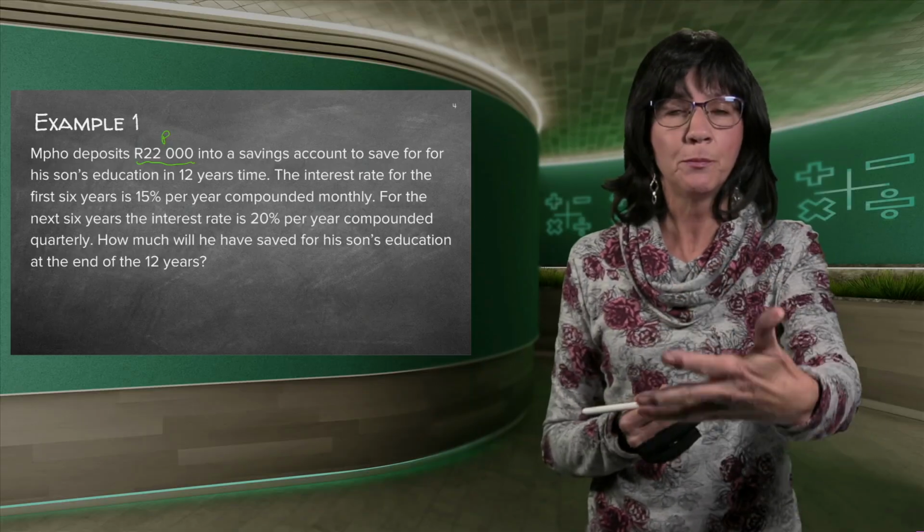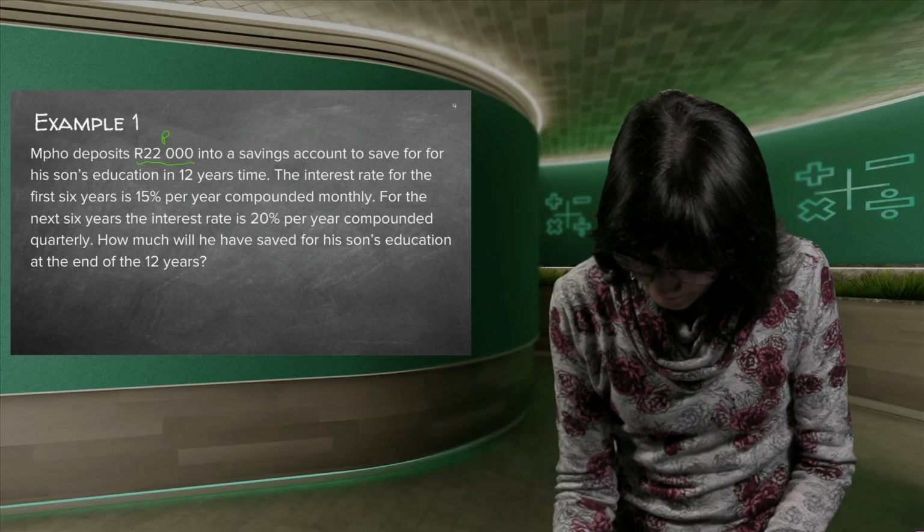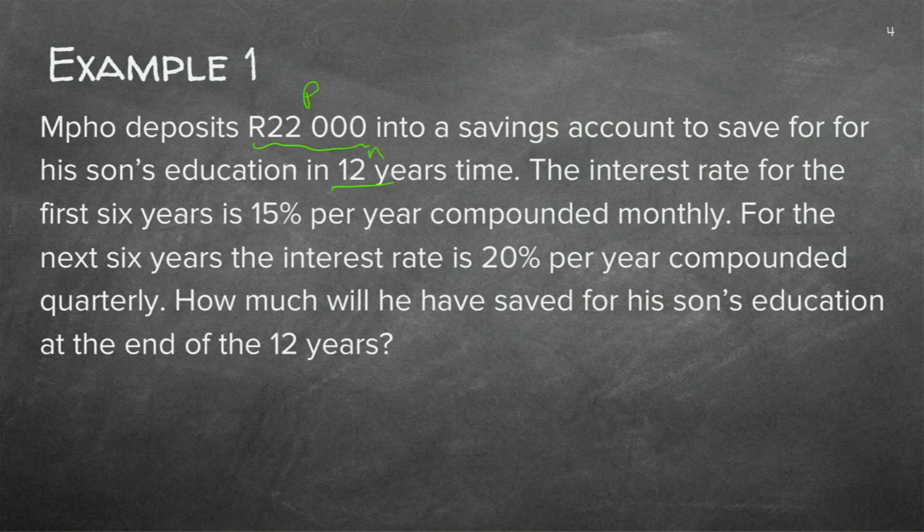If it was a depreciation, it would have been the minus one. Okay, to save for his son's education in 12 years' time, there's the n. The interest rate for the first 6 years is 15%, for the next 6 years is 20%. That one is compounded monthly, this one is compounded quarterly. So on my summary, where we start the problem, I will write that properly.